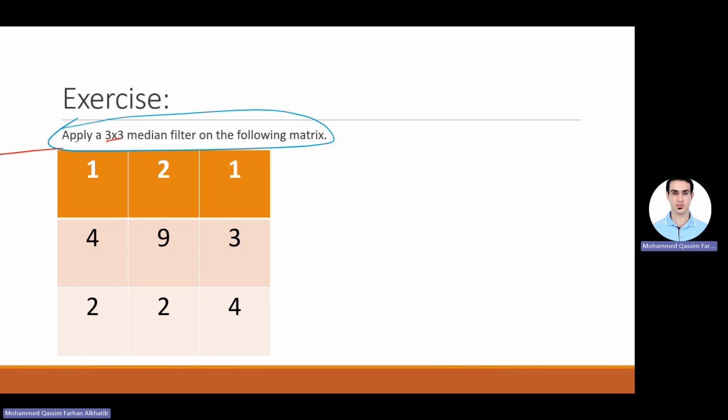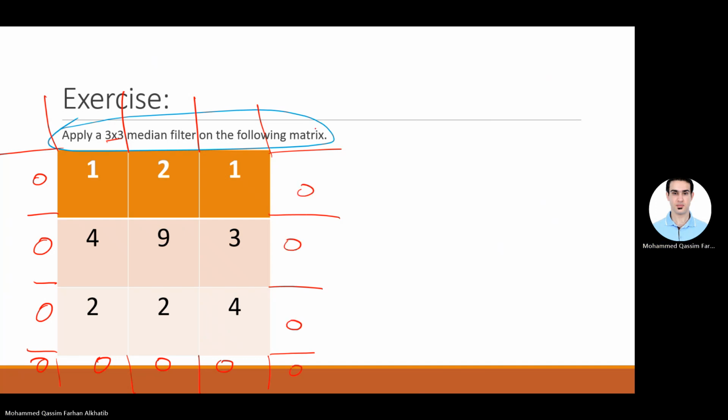Everywhere at the edges, I'll add 0 here, 0 here, 0 here, 0, 0 at the corner, 0, 0, 0. And a 0 there.